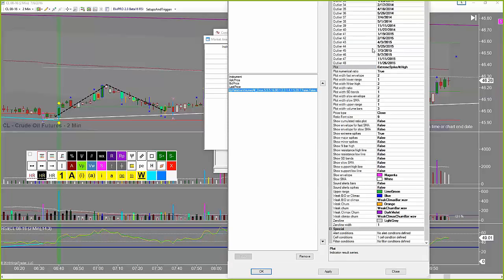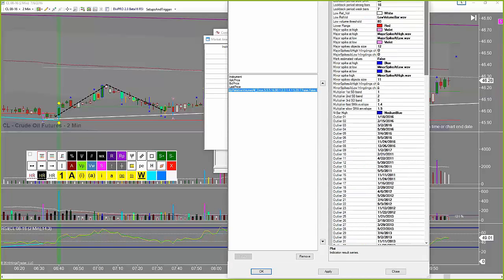There's a snapshot of those properties. And there's a snapshot of those properties.